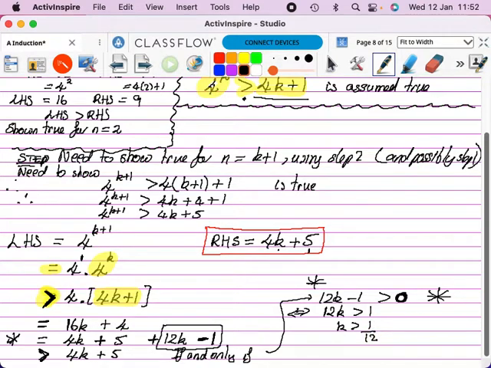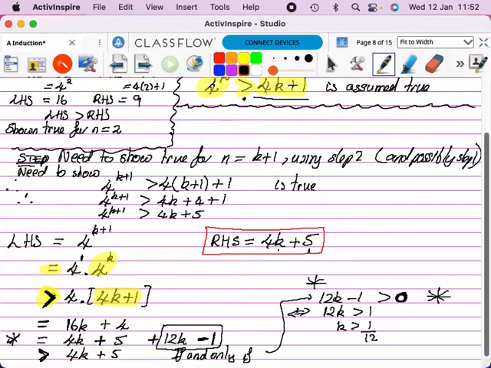But go all the way back to step 1. What is the smallest value of n? Well, according to step 1, the smallest value of n is 2. So k has to be bigger than or equal to 2 from step 1. Therefore, it's definitely bigger than 1 over 12.